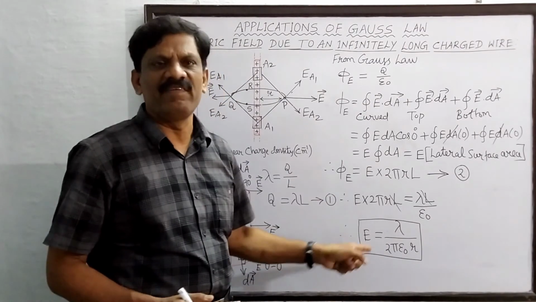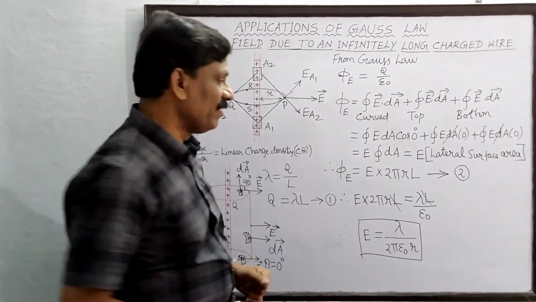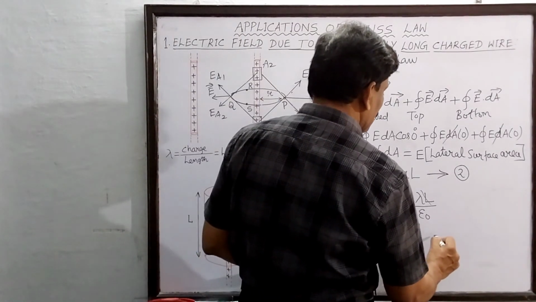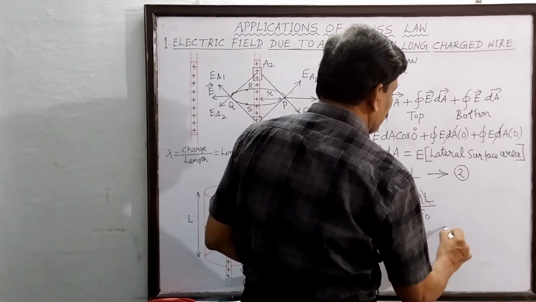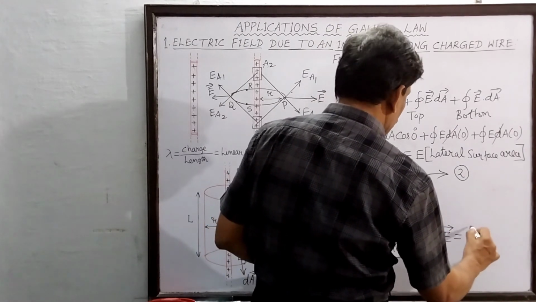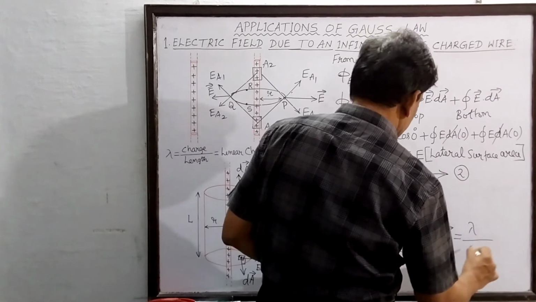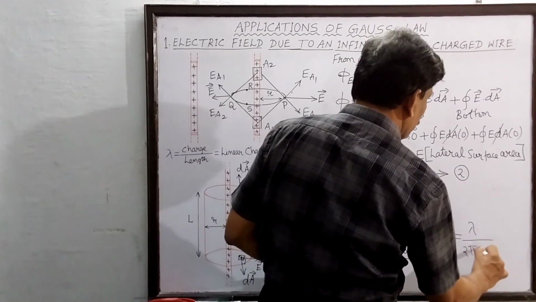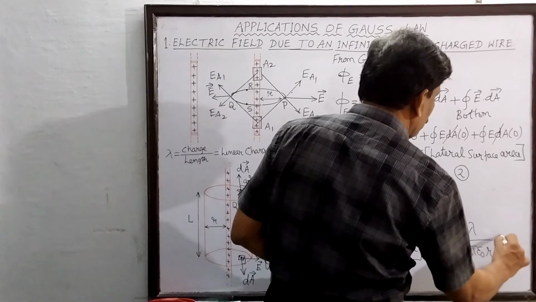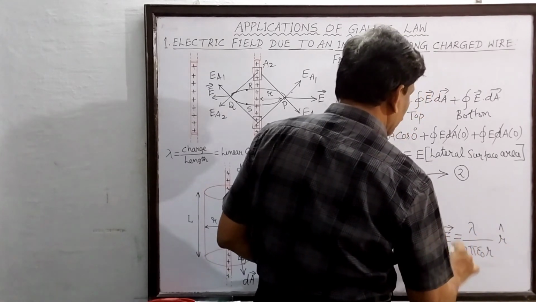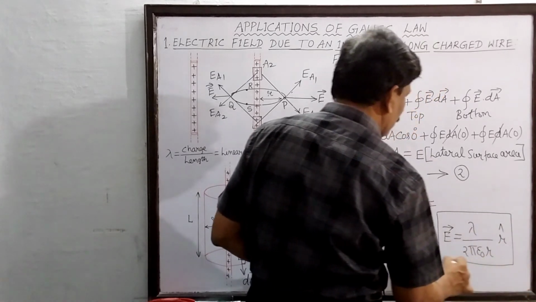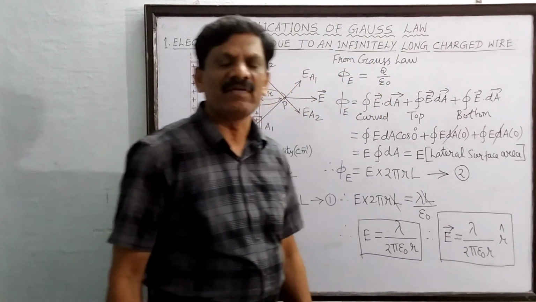This is only scalar form I have written. In vector form you can write E vector is equal to lambda divided by 2 pi epsilon naught into r cap, where r cap is a unit vector along the direction of r. Like that also we can write.